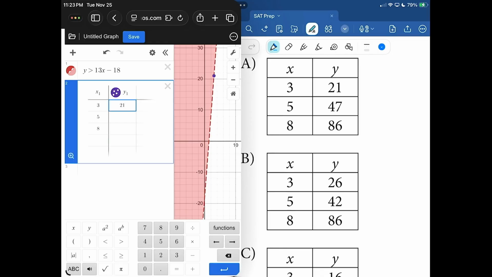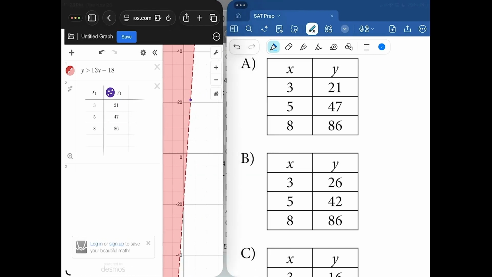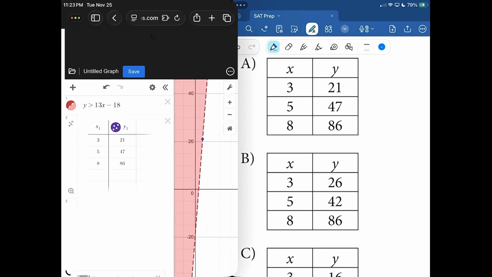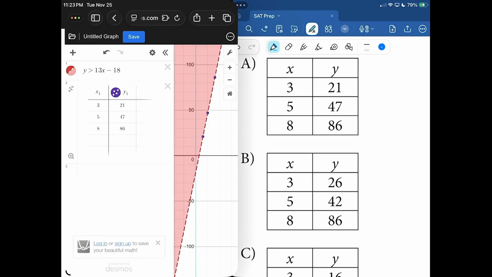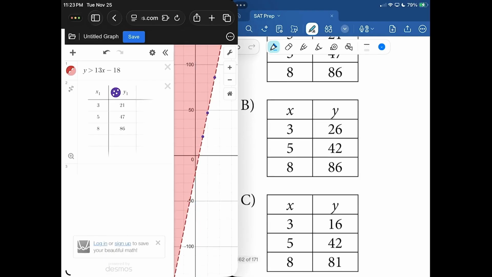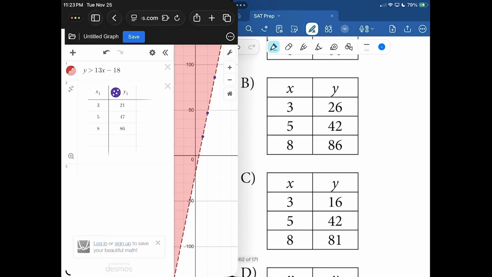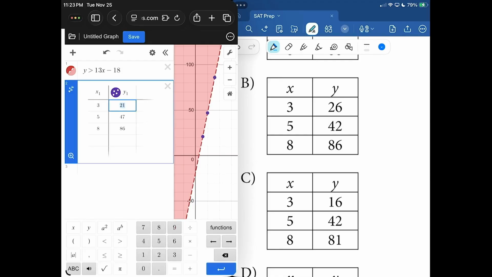and 21, 47, 86. Okay, you can see here that these are on the line, and so that's not going to be a possibility. So 358 is the same on this one, except now we have 26, we have 42, and we have 86 is the same, but we do have one that is outside that range, so that's not going to work.